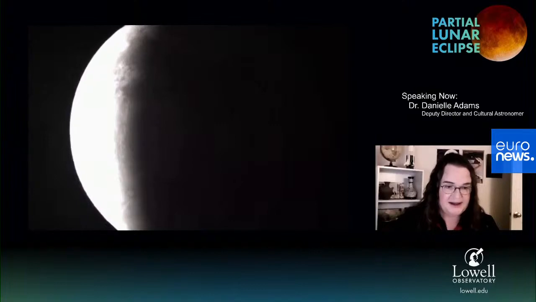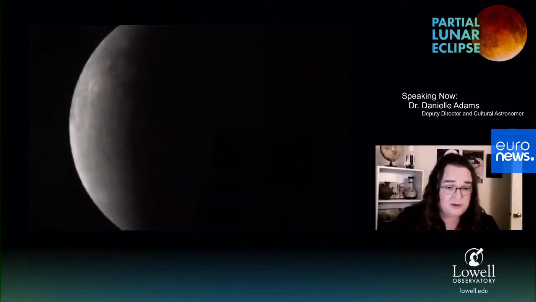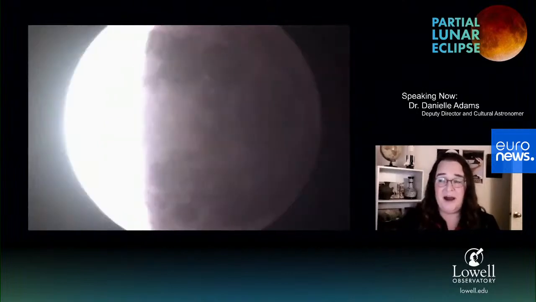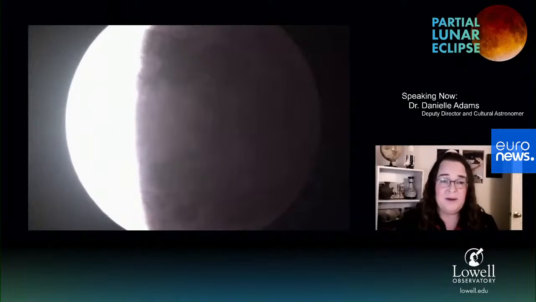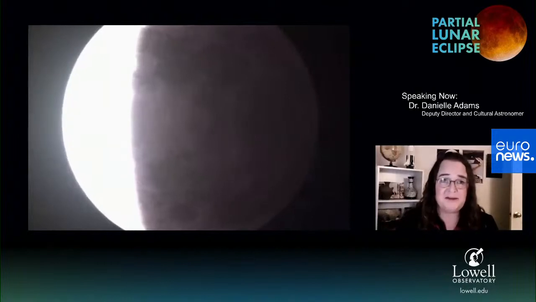Yes, there it is. So we're quite deep into the eclipse right now, and right around 2:03 a.m. Mountain Standard Time here in the US, which is 4:03 a.m. on the East Coast of the US, 1:03 Pacific, that should be the point of maximum eclipse.